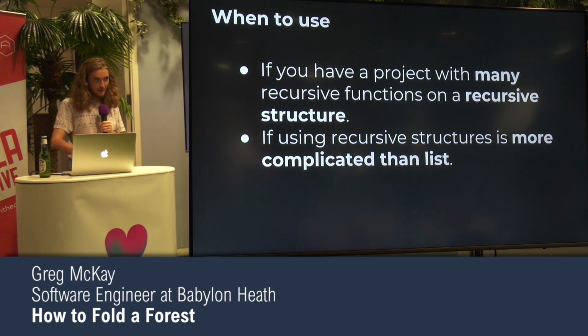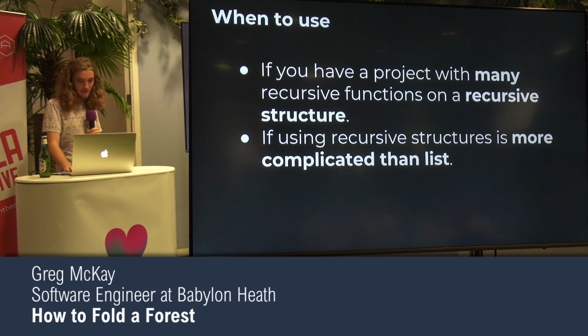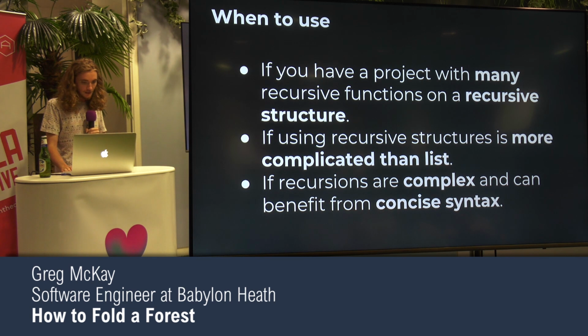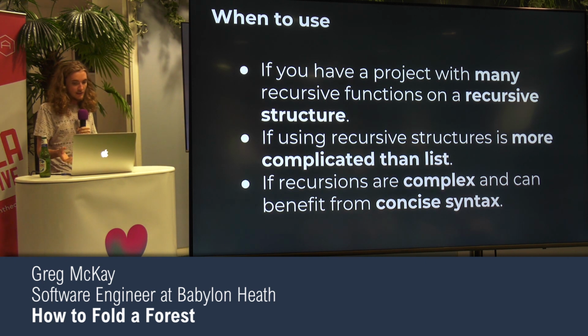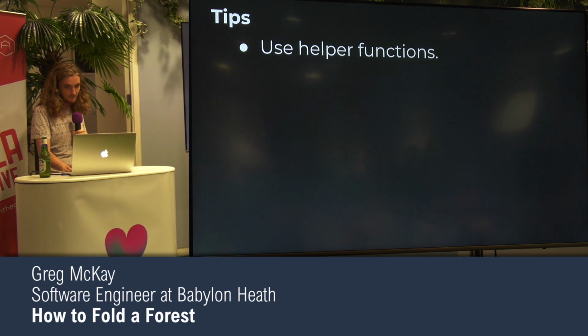Cats gives you foldLeftM. It's not necessary. But if you have trees and things like that, it is actually quite helpful sometimes. And if, as I said, the folds are actually quite complex, then it can be useful to clear up some of that syntax sometimes.